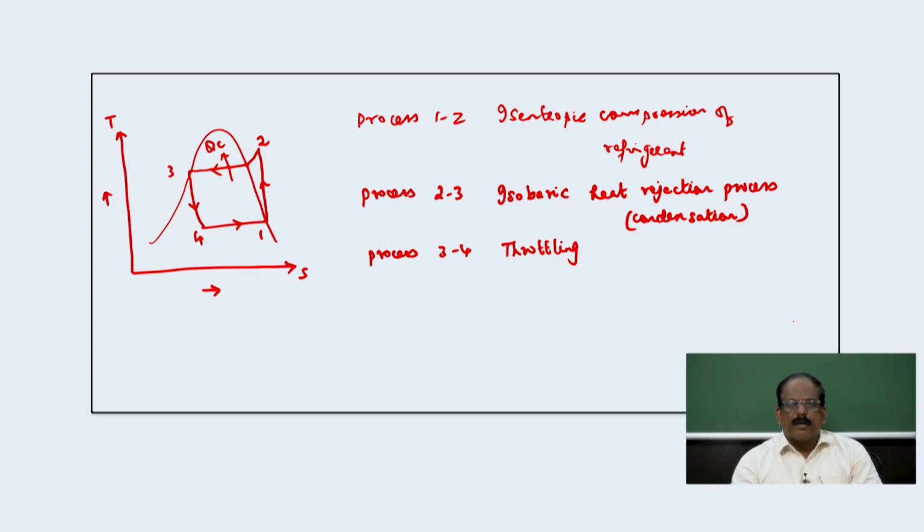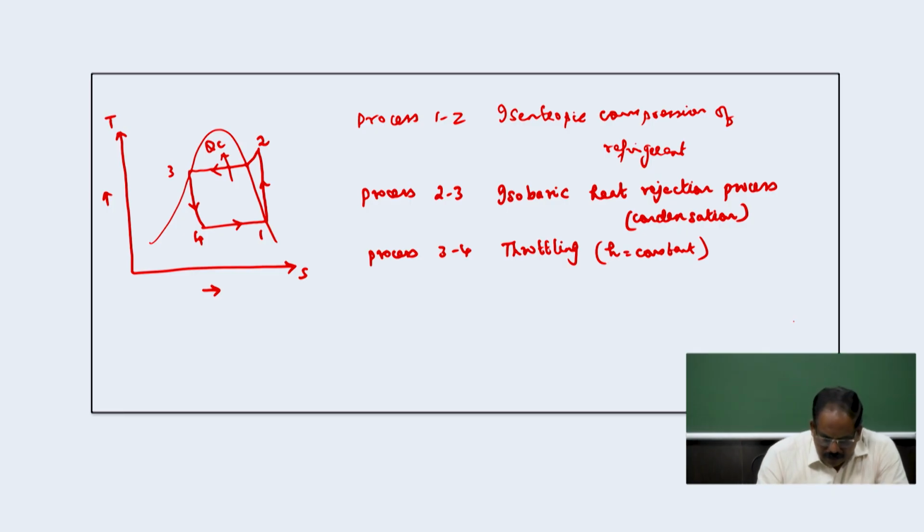We will be discussing the various types of expansion devices in the subsequent lectures. During throttling, enthalpy remains constant, that is h equals constant. h is the specific enthalpy, in kilojoule per kg, and it remains constant. On a TS diagram, this line will be an inclined one. On a PH chart, it will be perpendicular to the x axis.